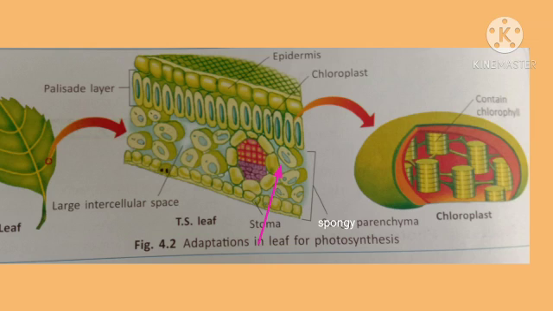In the middle lies the vascular bundle containing xylem and phloem, the transporting tissue to bring in water from the roots, xylem, and to carry prepared food, that is starch or glucose, to other parts of the plant via phloem.